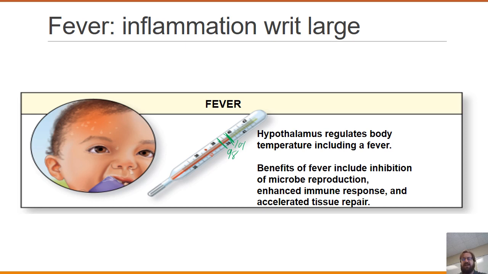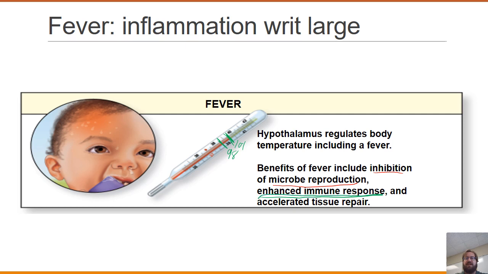Why would your body do that? It's uncomfortable to have a fever. Obviously, it's not your body's normal operating temperature, but fever has a number of positive effects on your body. It inhibits microbe reproduction. Bacteria don't like being at 101 degrees either, and so they slow down. But even more importantly, it enhances your immune response.